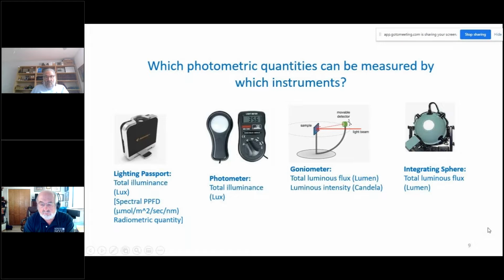For measuring total luminous flux in lumen, you can also measure it with the integrating sphere, where you install the source in one port and the detector in another port, and the reflecting surface of the integrating sphere will direct all the reflected light towards the detector, and you can measure the lumen.